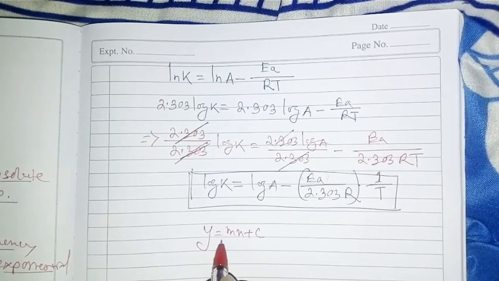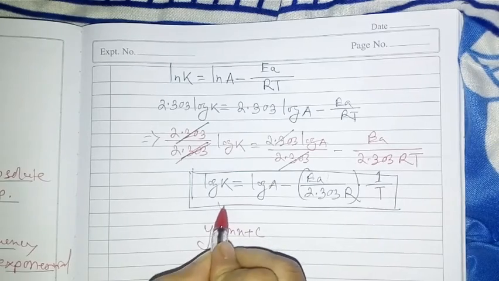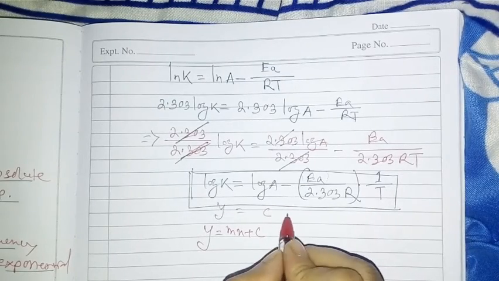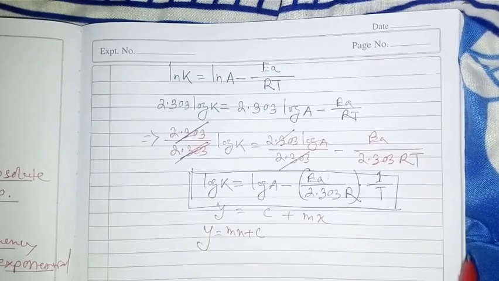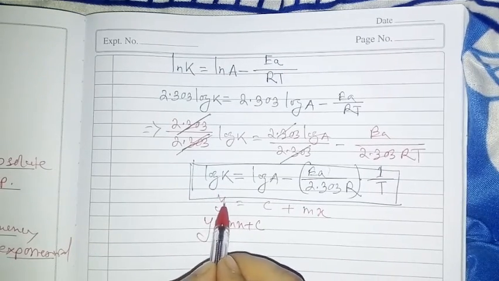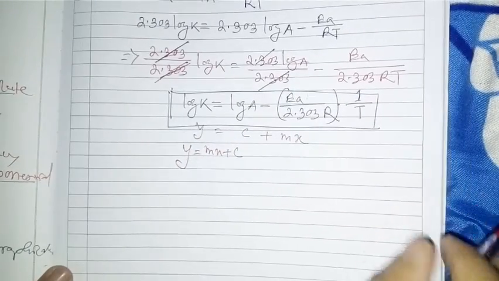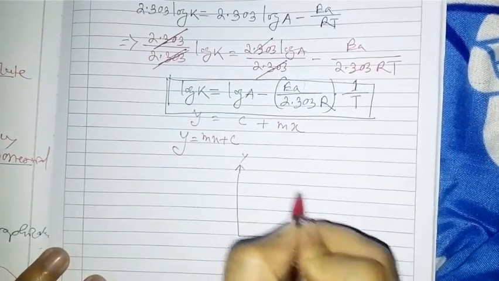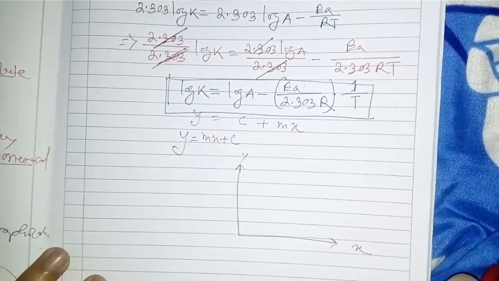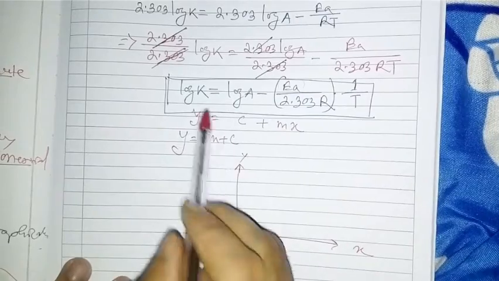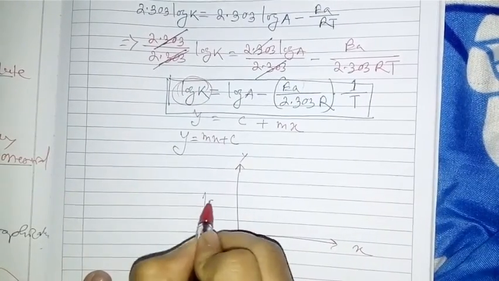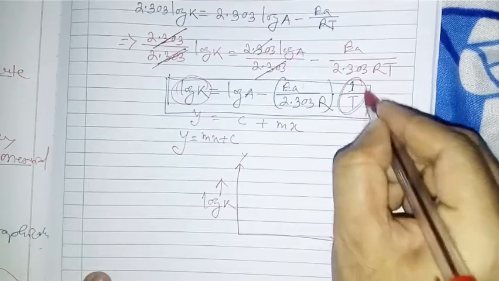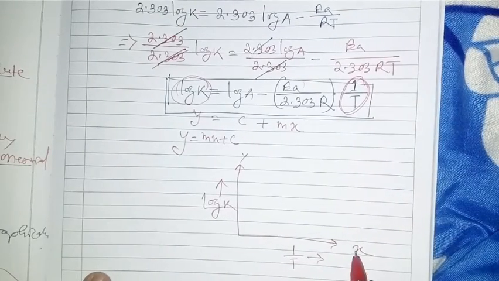Along the y axis is log k, and along the x axis is 1 by T.